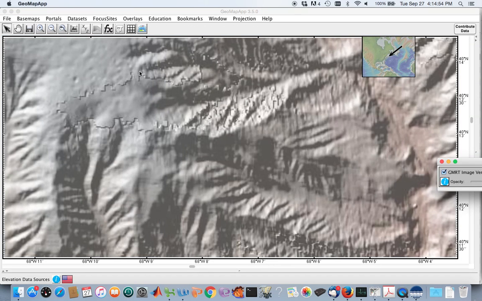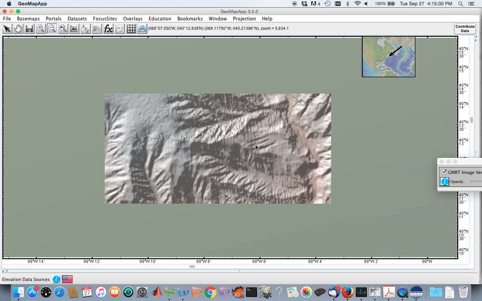Well, let's look at a different submarine canyon.